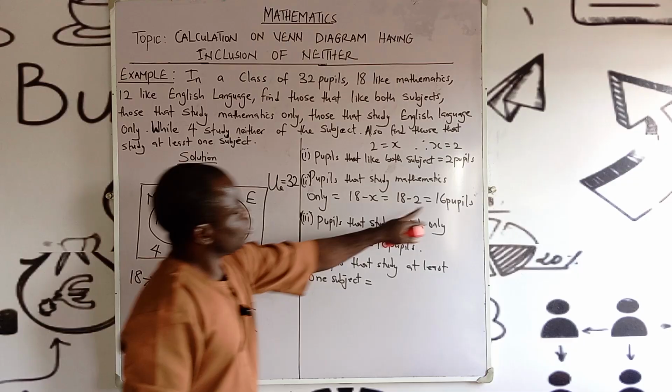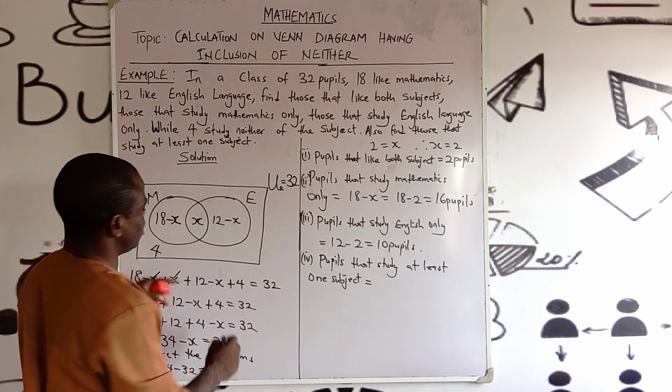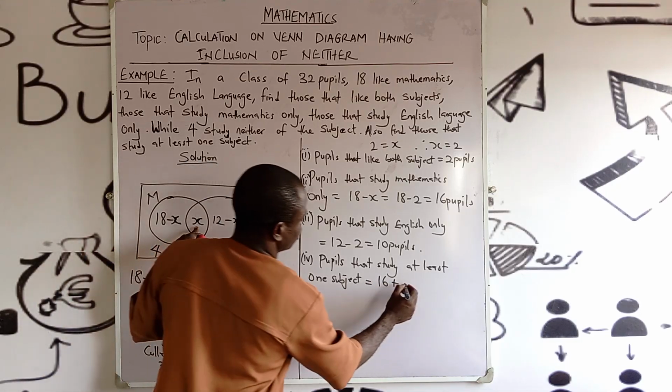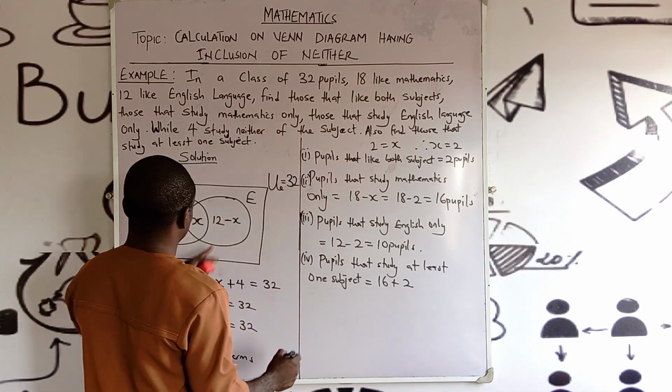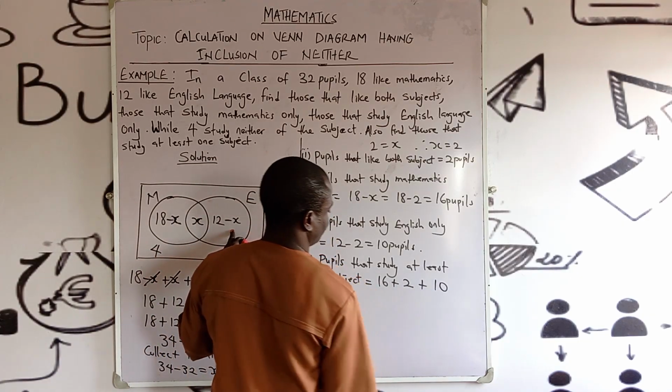Since we have 16 pupils for mathematics, this is above 1. 16 plus both, 2 pupils, plus 10.